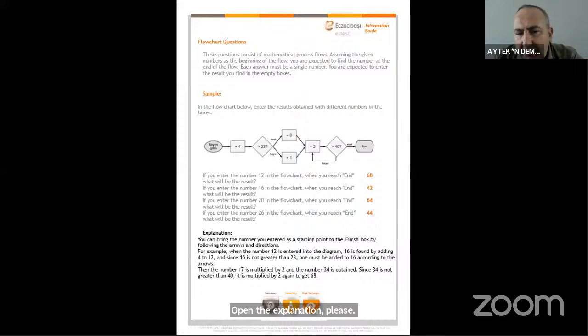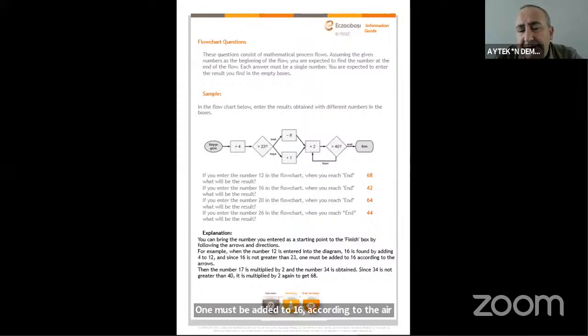Yes, you can bring the number you entered as a starting point to the finish box by following the arrows and directions. For example, when number 12 is entered in the diagram, 16 is found by adding 4 to 12, and since 16 is not greater than 23, 1 must be added to 16 according to the arrows.